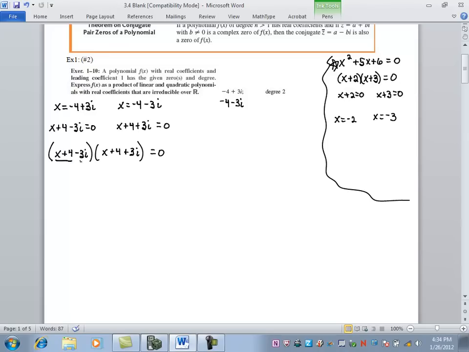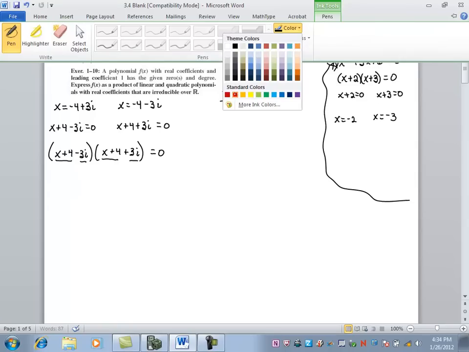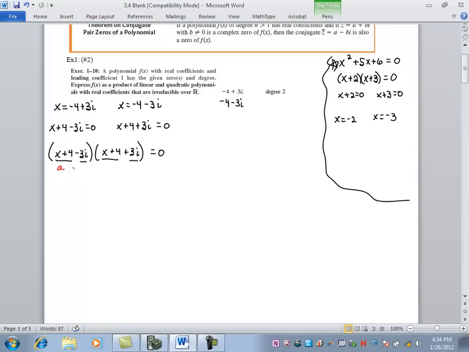We've got A and B. Take a look at this for a minute, would you? And let me switch colors of ink here just for a second. You see how this is A minus B and this is A plus B? We know that if we multiply A minus B times A plus B together, we're squaring the first minus the square of the back.